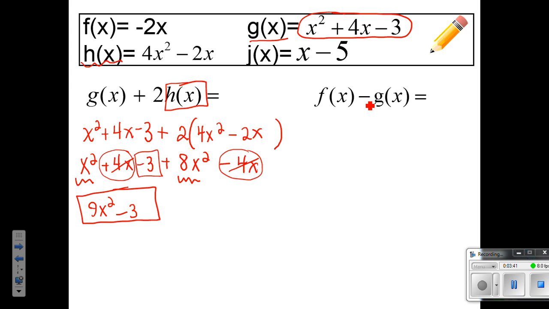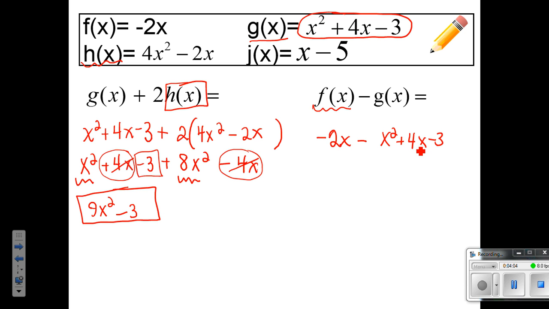F of x subtract g of x. So now I need to find the f of x function, that's up here. And we know that the f of x function represents negative 2x. And we know that the g of x function represents x squared plus 4x minus 3.